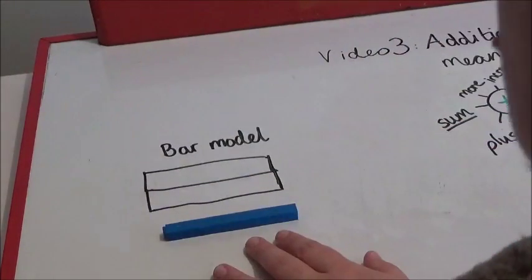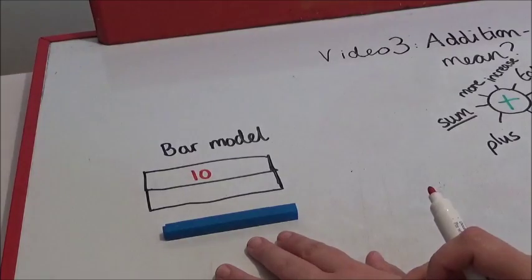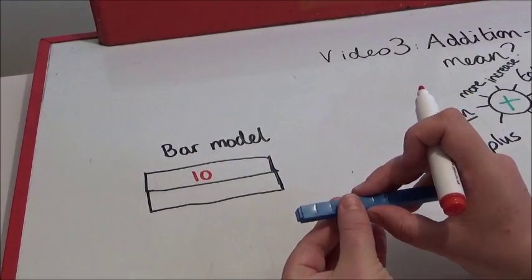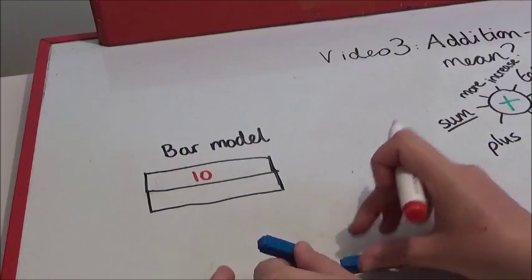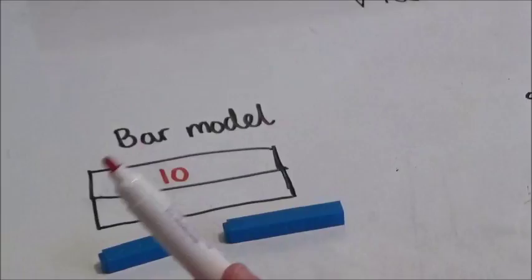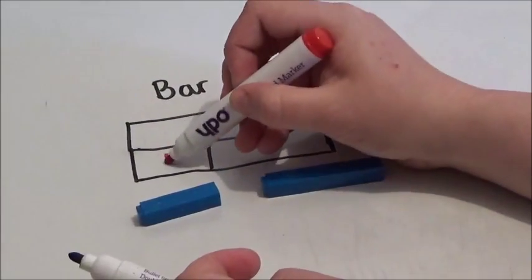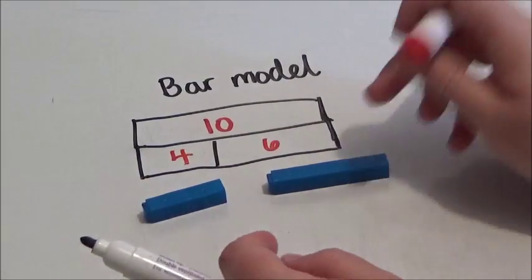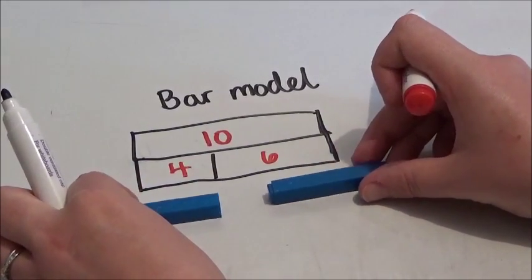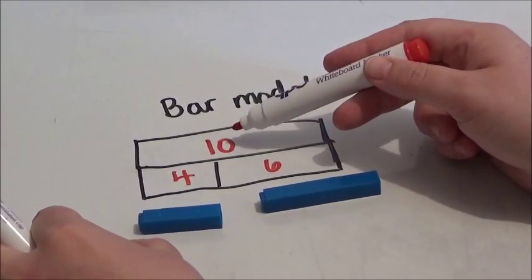So I'm going to write 10 up here. 10 is my whole bar. Now I can start splitting up this bar so that I can work out my number facts. Look, I've just made a split here. I know that 10 now is definitely made up of 4 and 6 because I had 10 altogether. I've split them apart and I know that that's going to be 4 and 6 making 10.